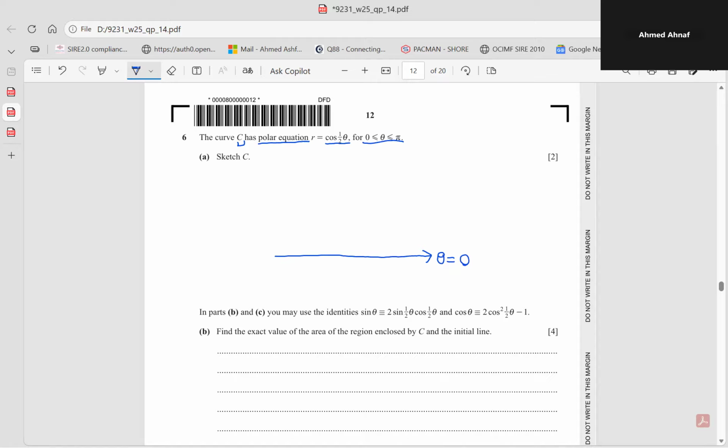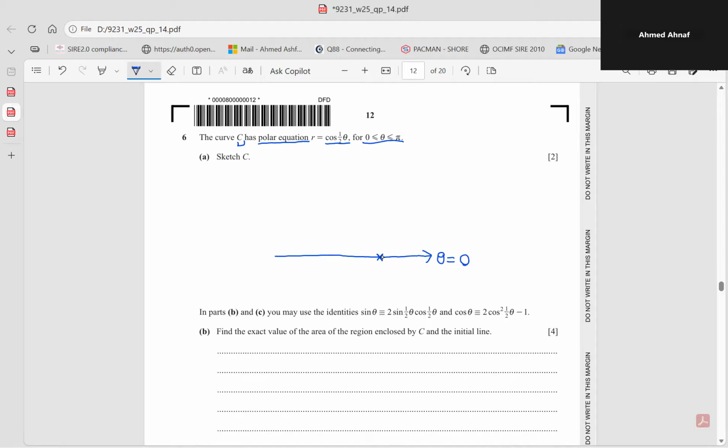You can either create a table of values, or substitute different values of theta and keep it in your head, and sketch until theta equals pi. So cos half times 0, you get 1.